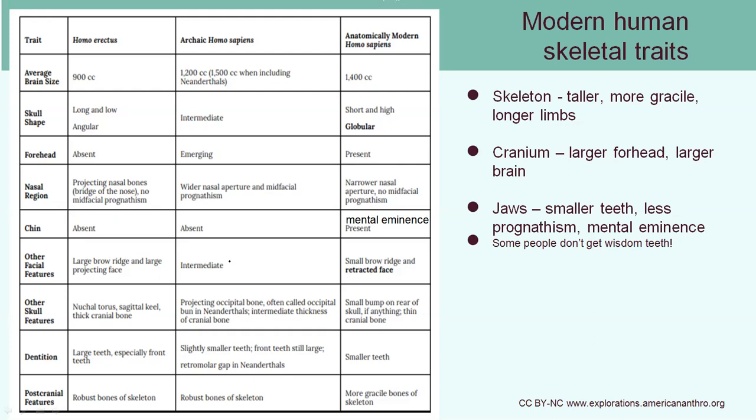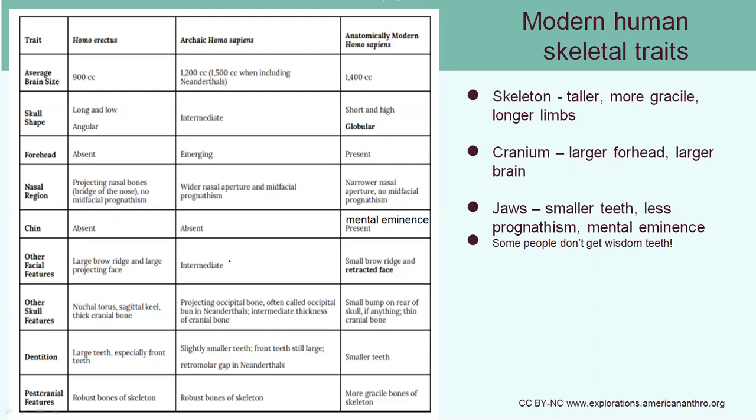Most other older species are going to be smaller than that, with the exception of the Neanderthals, which did in fact have slightly larger brain sizes, but the shape of their brain was different from ours. So they had more brain matter in the back of their head in the occipital region than in the frontal area, which is what we consider to be important for decision-making, problem solving, and planning for the future.